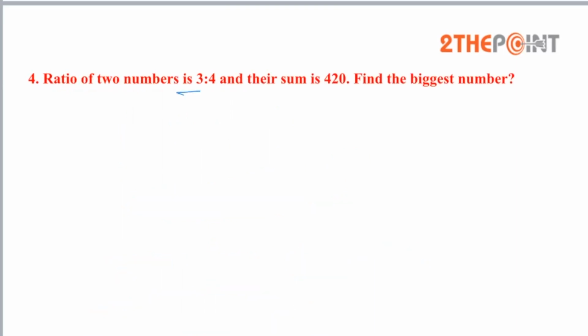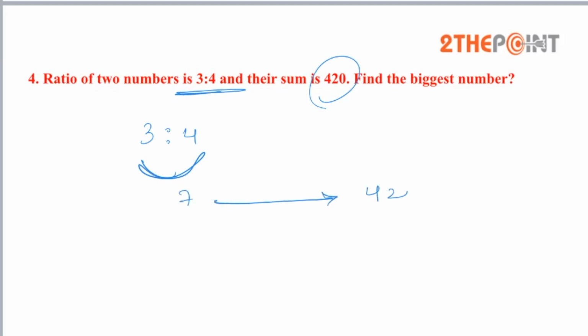The ratio of two numbers is 3:4 and their sum is 420. Find the biggest number. The given ratio is 3:4 and the sum of these two, 3 plus 4, is 7, which corresponds to 420.